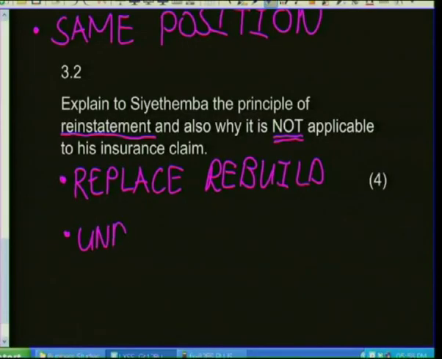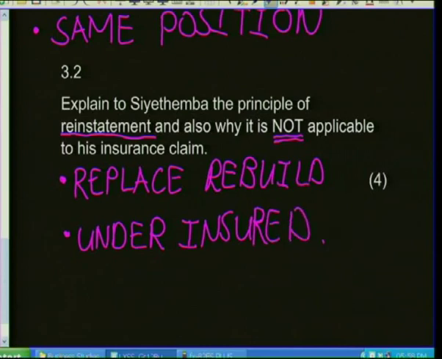Because he is underinsured. I want to definitely see that answer here again. Because he is underinsured, they cannot give him what he had before this loss happened. They cannot pay out 100,000. They cannot rebuild his house for what it was worth because he hasn't been paying enough every month.